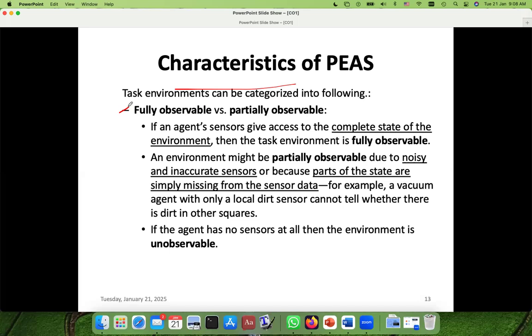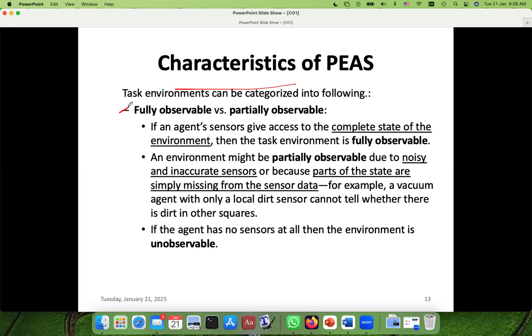And when your agent is not able to observe each and everything in the environment through sensors, then it is called partially observable. This is the simple definition.